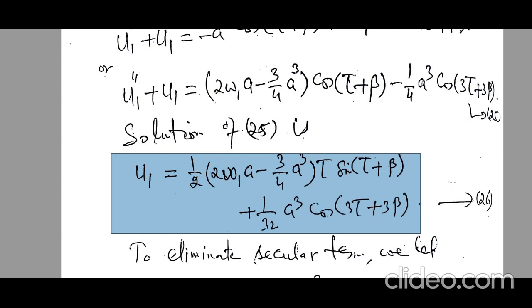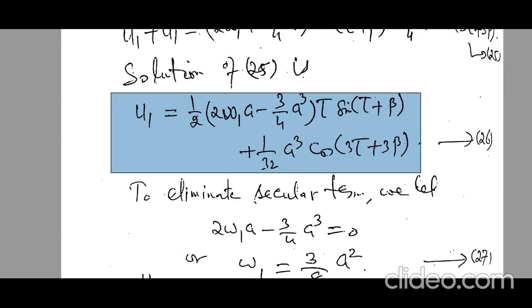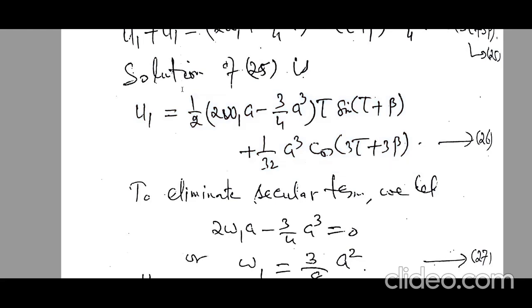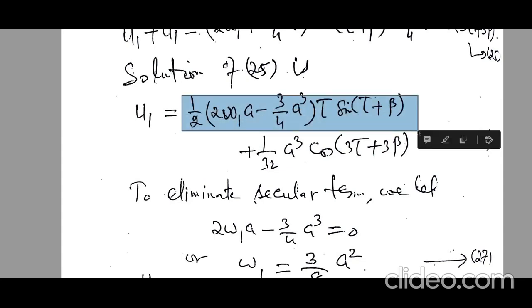26. And now in order to eliminate the secular terms, you know that the most important step in this method is that we have to eliminate the secular terms, and you can see that the secular term is appearing in the first term for tau sin tau plus beta, and for infinite tau this term is not bounded.